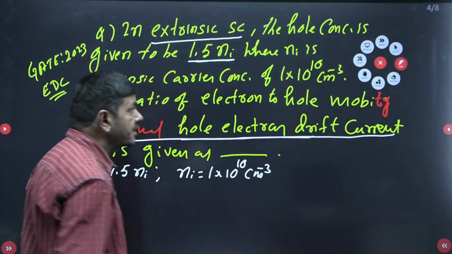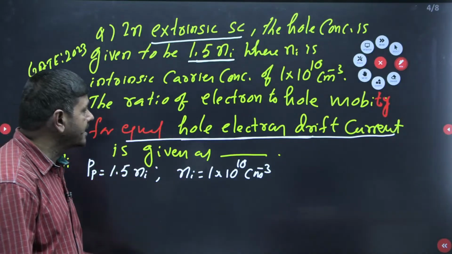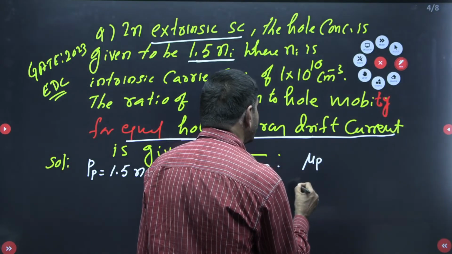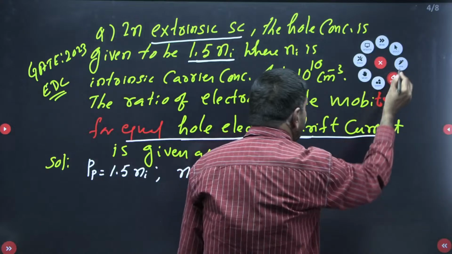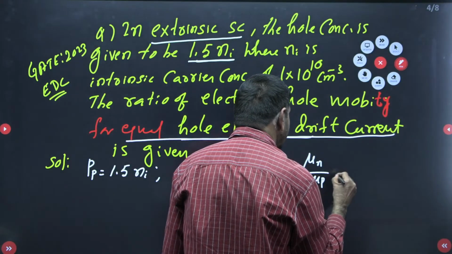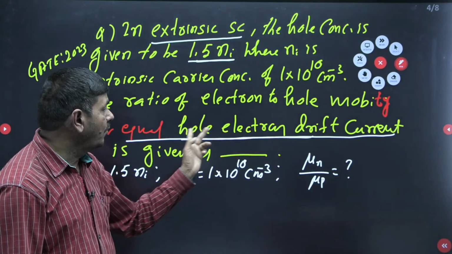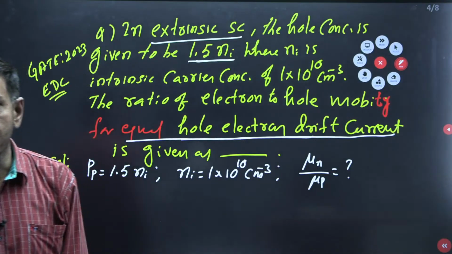The ratio of electron to hole mobilities, mu n by mu p, is what is asked, when electron and hole drift currents are equal. Catch my point?